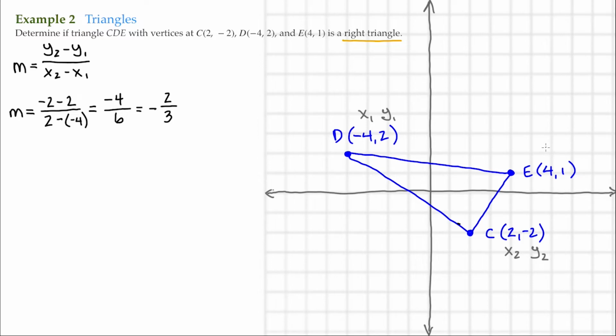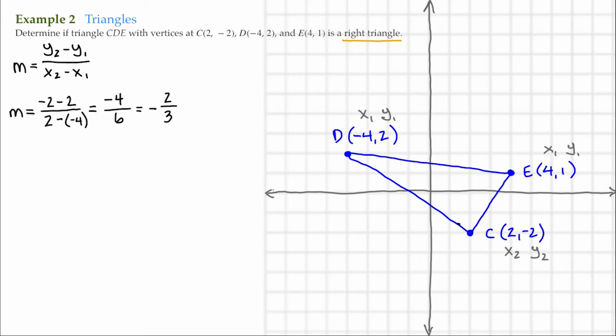Now I'll mark this vertex, this point right here, as x sub 1, y sub 1, and we'll find the slope of this one here. If the slope of this line segment is the opposite and the inverse of this slope, then we know that these two segments are perpendicular to each other, thus forming a 90-degree angle.